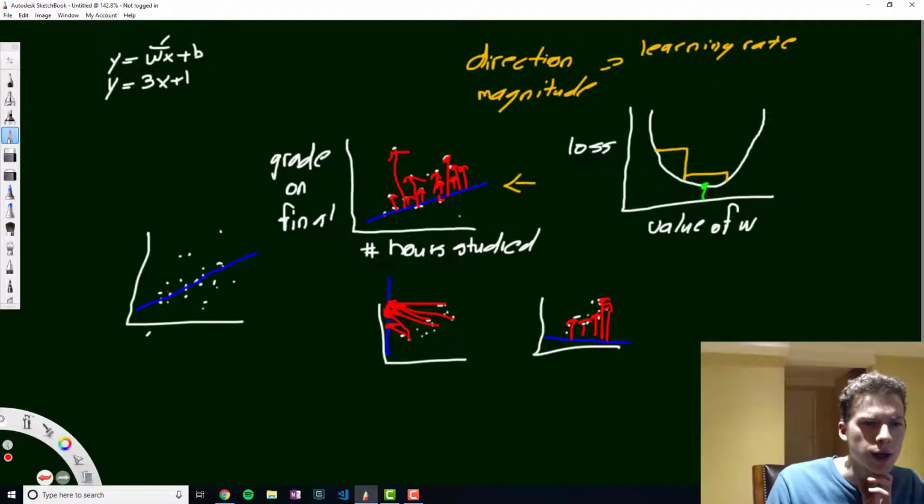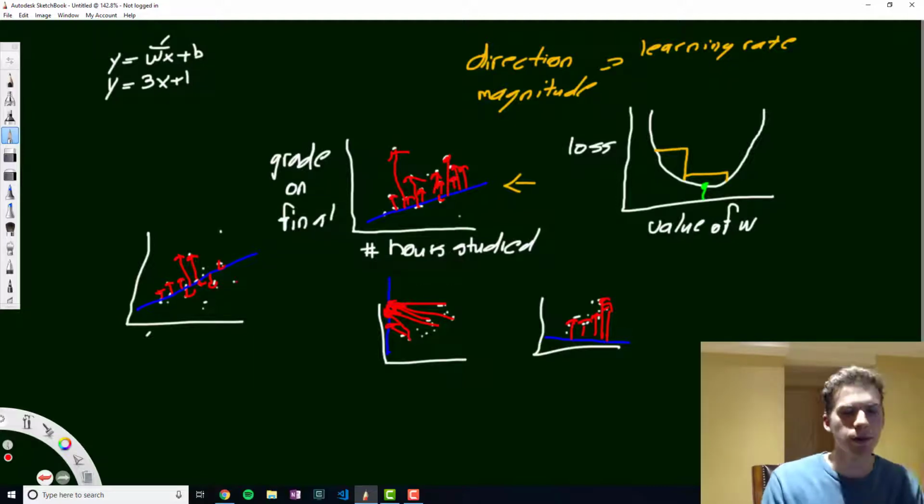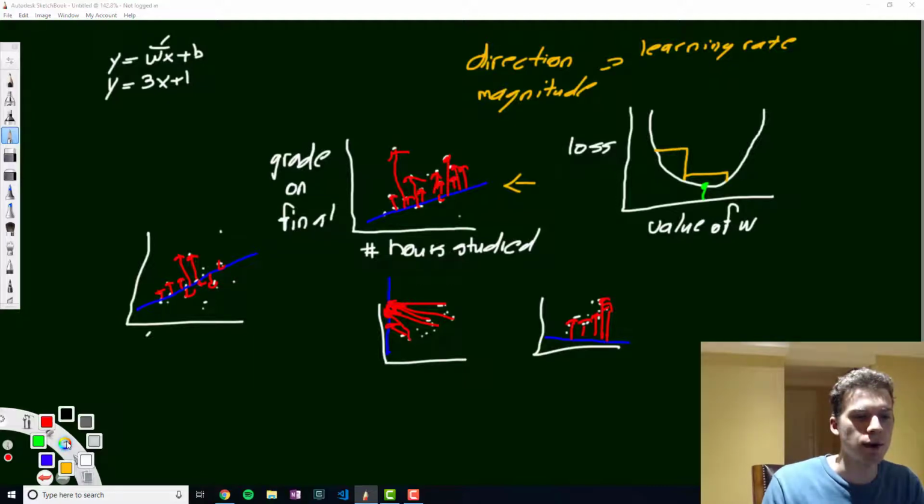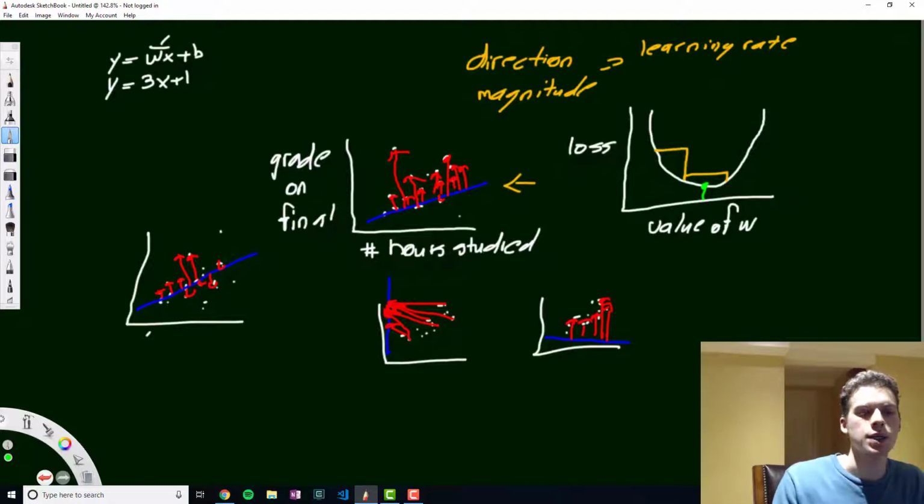And if I drew the red arrows, the sum total would be the smallest possible. And once we have this line, we can use it to make predictions.